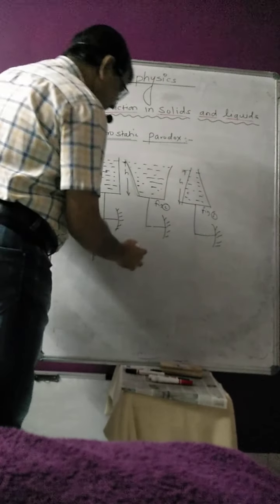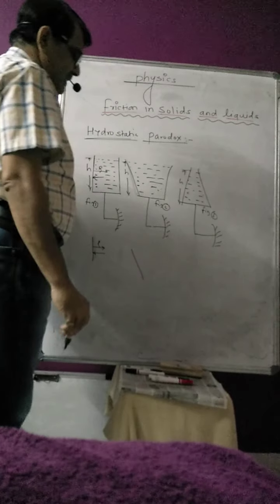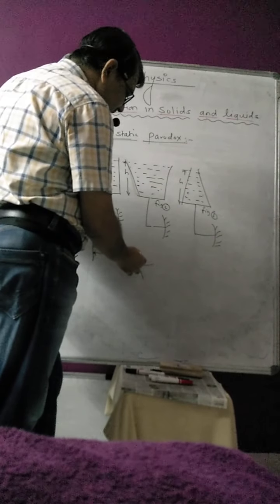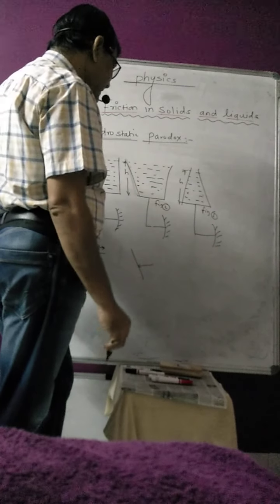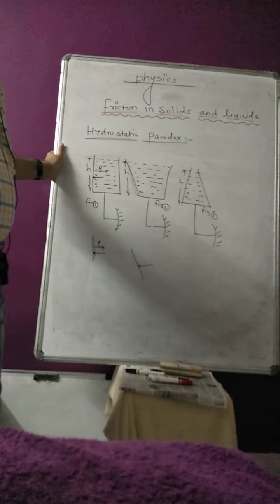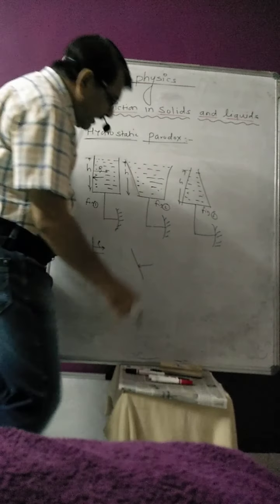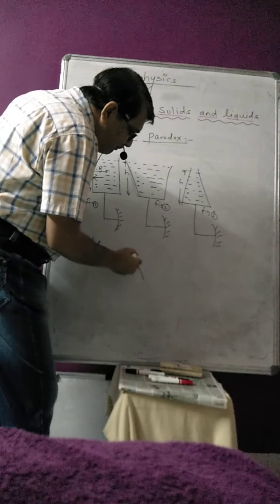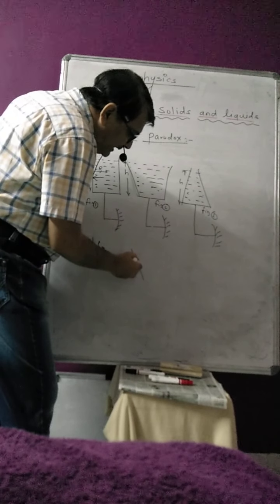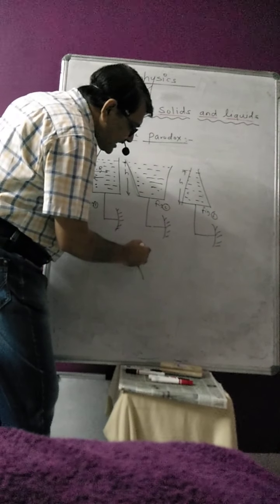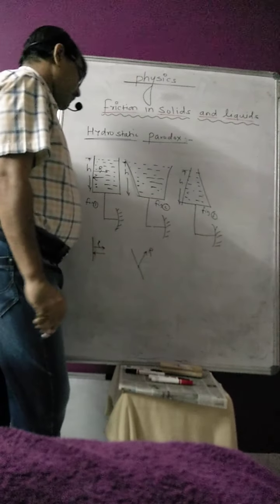In the second case the surface is slant. The liquid again exerts pressure on the walls in the normal direction, but the reaction force by the walls on the liquid will be in the upward direction.